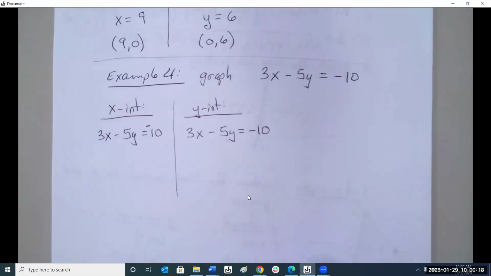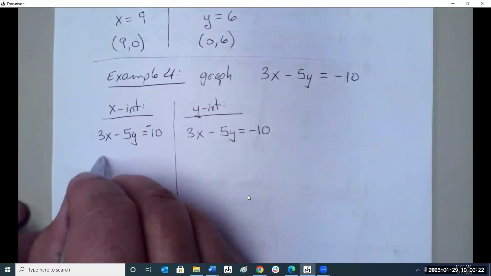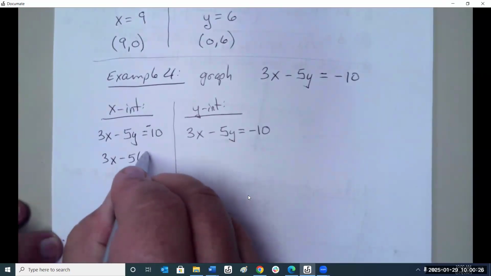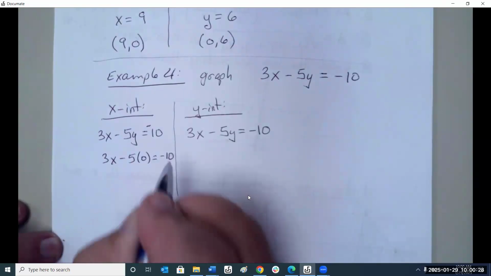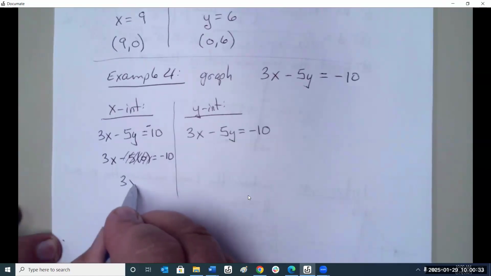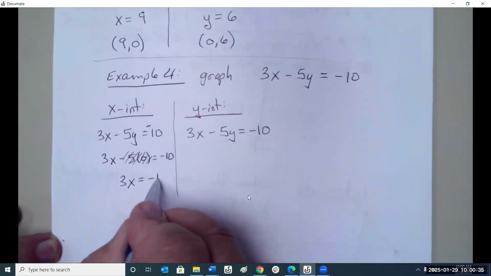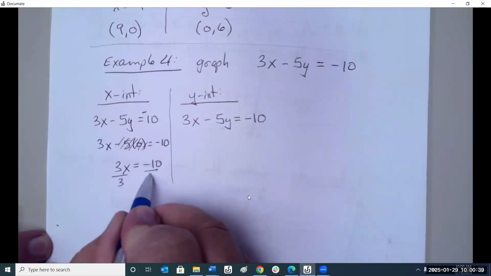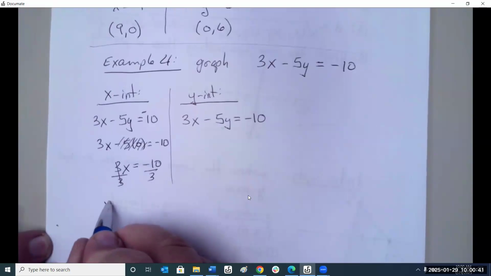Repeat the process. For the x-intercept, we set y equal to 0. So that makes that disappear. And divide by 3.